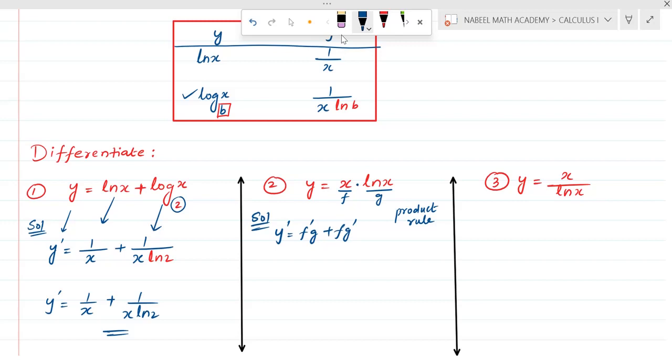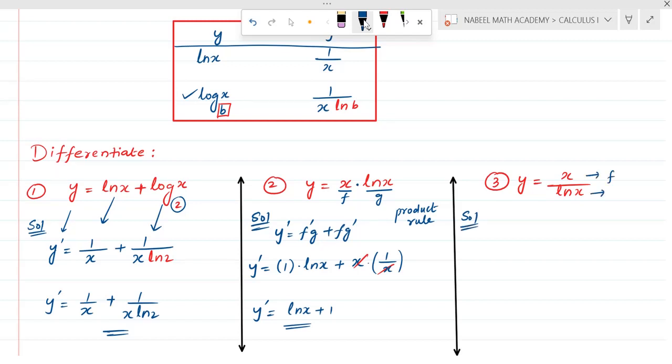Now y prime is equal to the differentiation of x, which is 1, times ln x, plus x fixed times the differentiation of ln x, which is 1 over x. Now you can cancel and simplify. The final answer is y prime equals ln x plus 1.